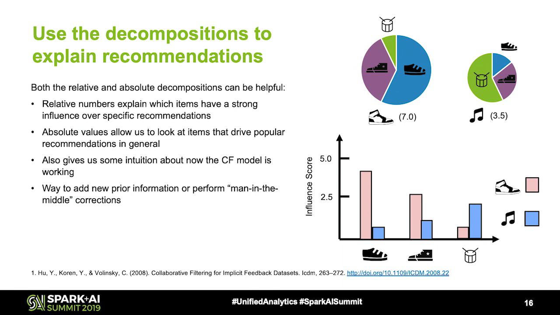So these are things where you can start doing what's called man in the middle, where you could ask users if they think this is relevant, and they could upweight or downweight. Or internally, you could understand what the recommendation is doing, or upweight and downweight some of these item contributions in any way you like.